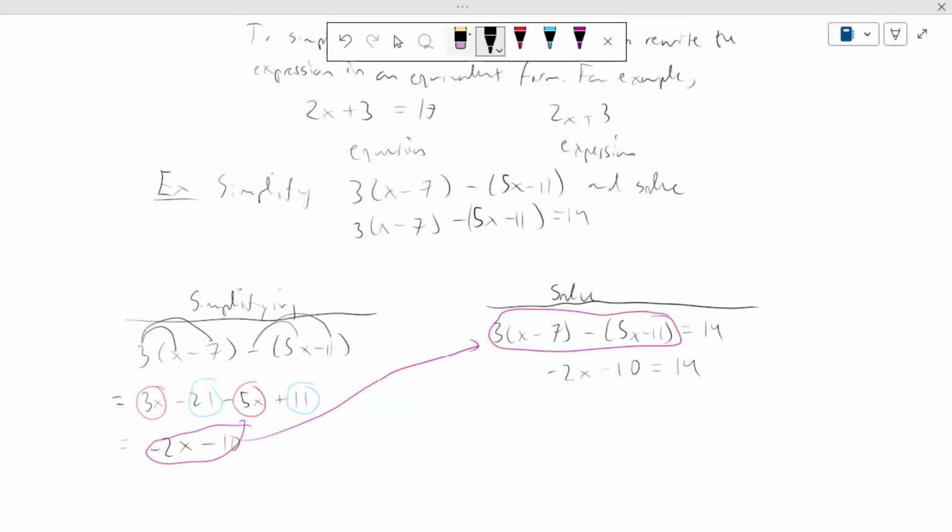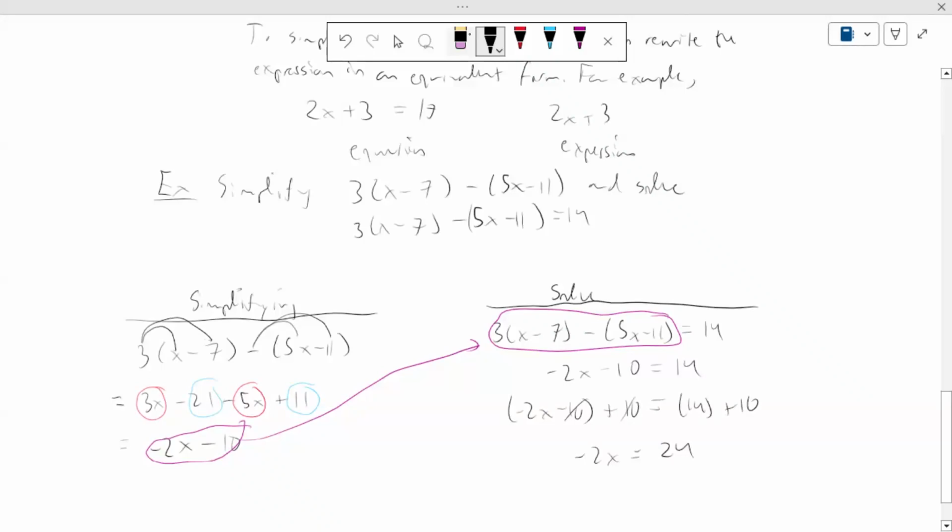All right, but now that I have that, now I can solve this easier equation. So I need to get x by itself. What's the first thing we're going to do? Yeah, we're going to add 10 to both sides of the equation. So negative 2x minus 10 plus 10 is equal to 14 plus 10. So this will cancel with that, and I have negative 2x is equal to 24.